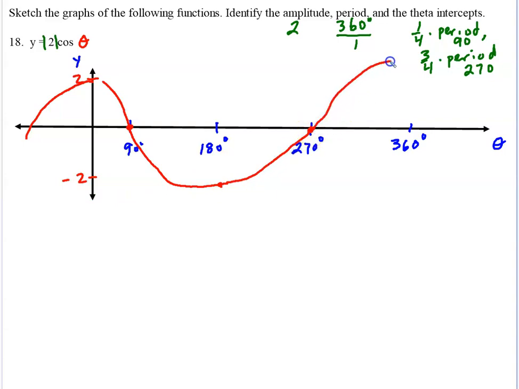And we'll complete a cycle, and it's just going to keep on going. We completed one cycle by the time we got to here. The period is 360, so you can tell we started here, we ended here, and that took 360 degrees to do. So that's the graph for number 18.